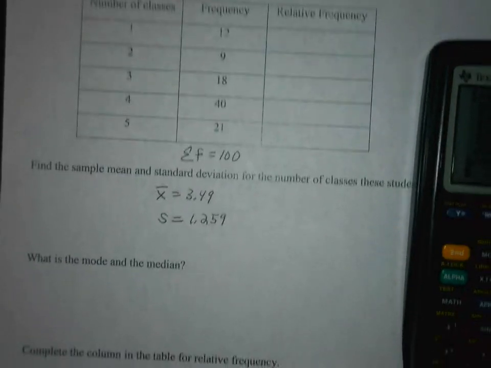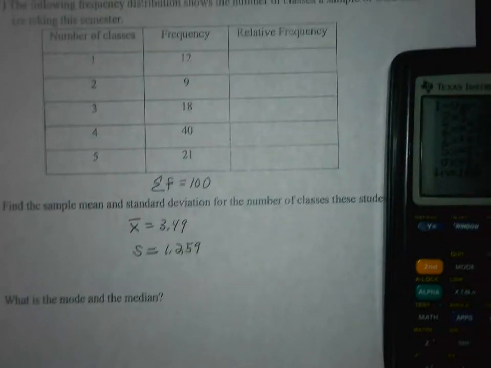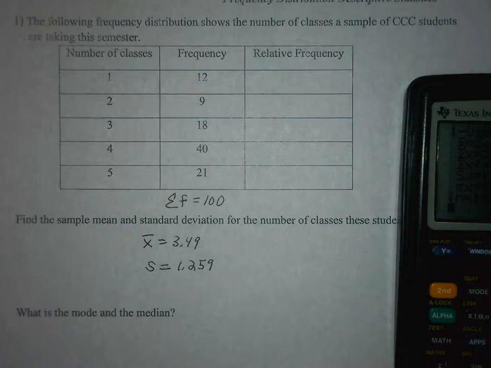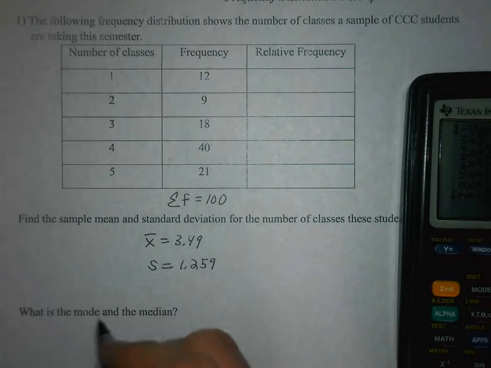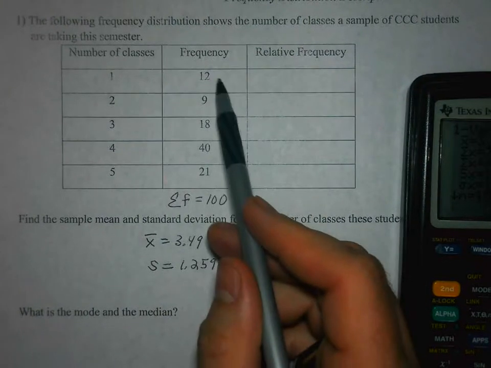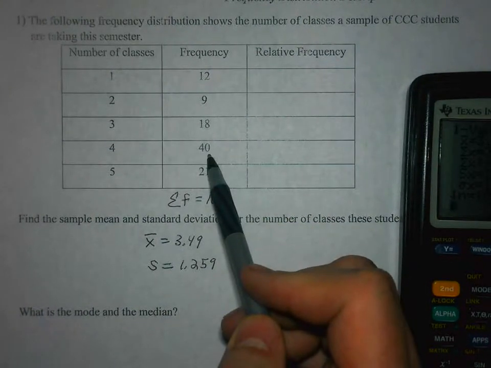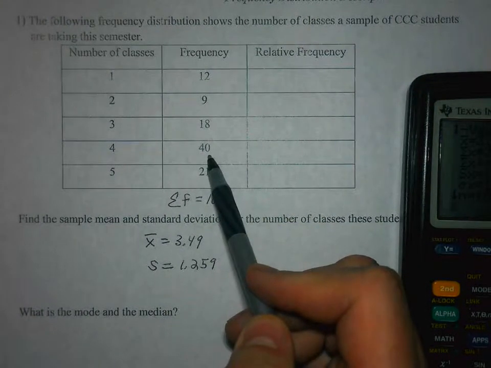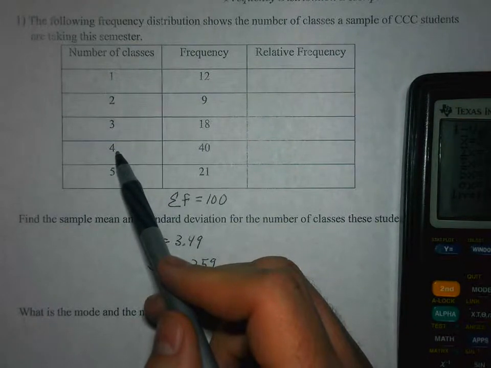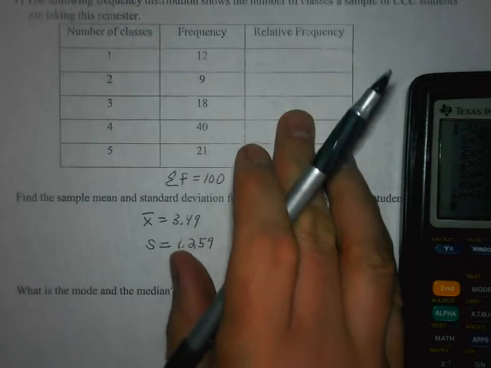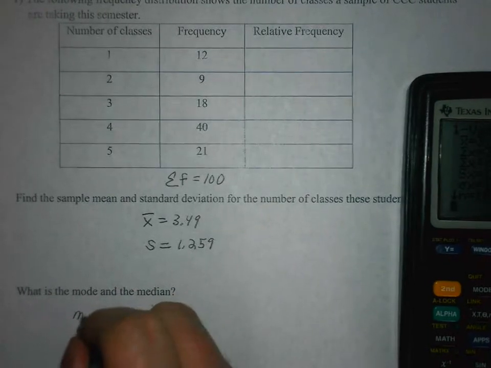Okay, and then we want to find the mode and the median. Well, the mode is the data value that occurs most often, and the highest frequency is 40. So the data value that occurs the most is 4 classes. So mode equals 4.